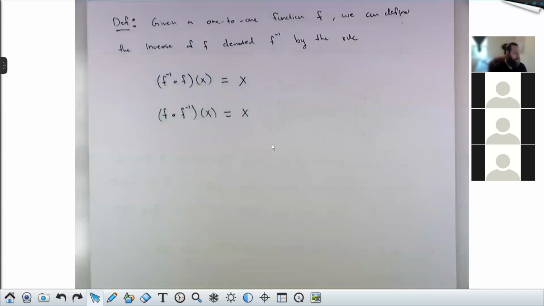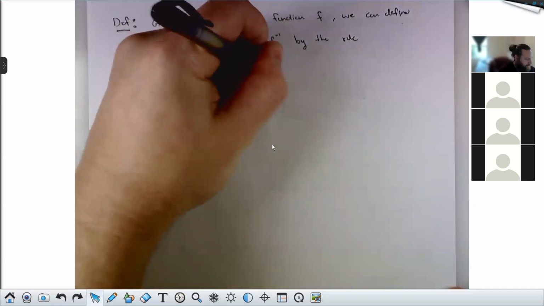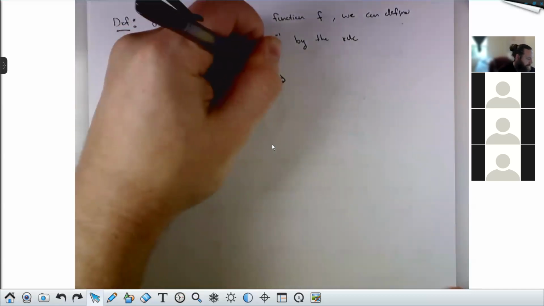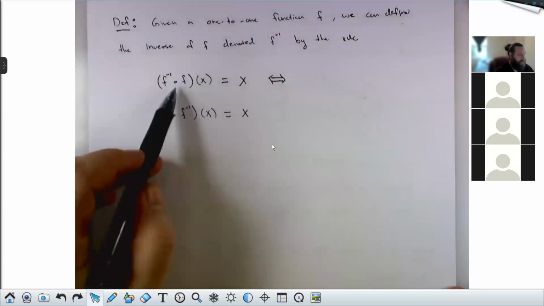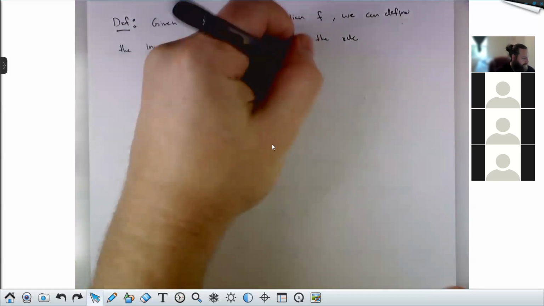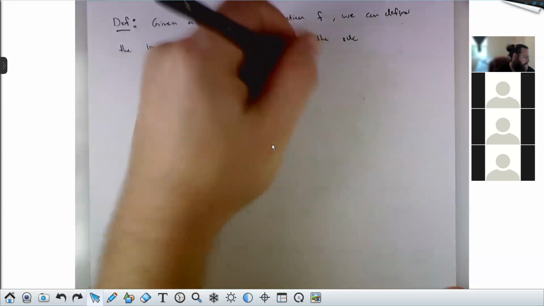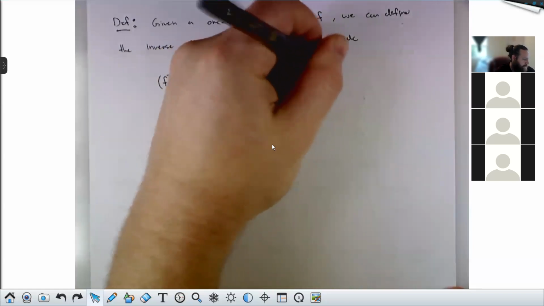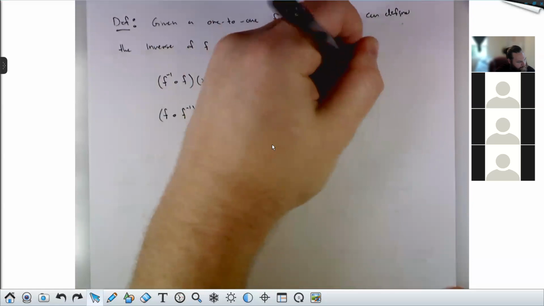Now, each of these can be written a different way. I will show you the other way, and then I'd be happy to look at an example through a table. If you write down the definition of the circle operation here, this says that f inverse of f of x should just be x.